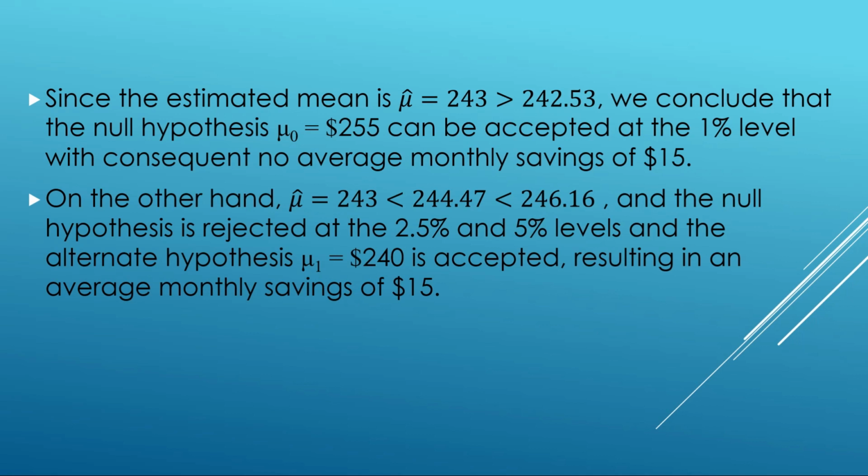So if the significance level is 1%, then we can say that we have not saved $15 after upgrading the appliances. But if the significance level is 2.5% or 5%, then we can say that on average we have saved $15 per month.